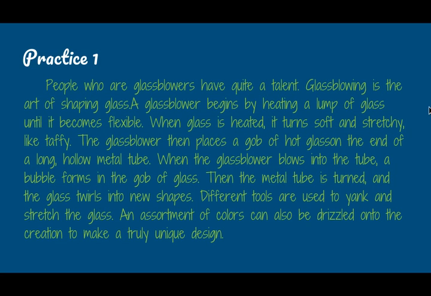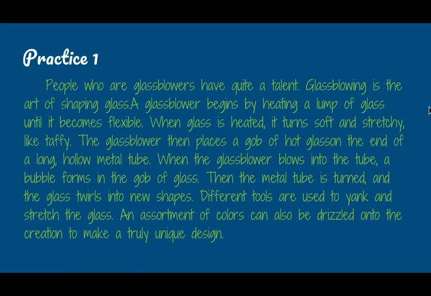People who are glass blowers have quite a talent. Glass blowing is the art of shaping glass. A glass blower begins by heating a lump of glass until it becomes flexible. When glass is heated, it turns soft and stretchy like taffy. The glass blower then places a gob of hot glass at the end of a long, hollow metal tube.